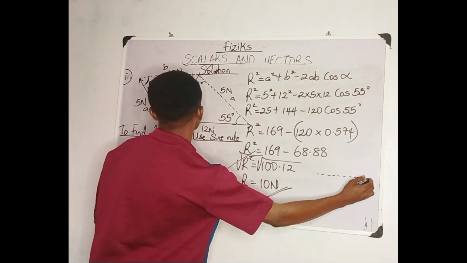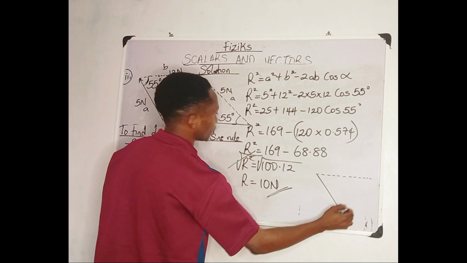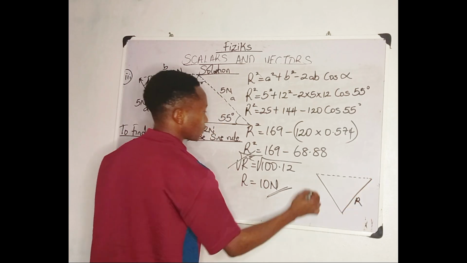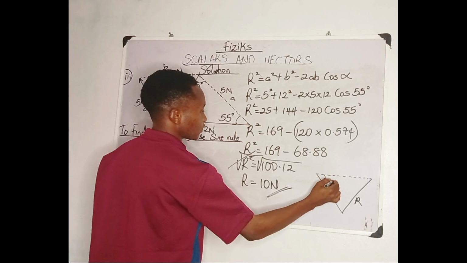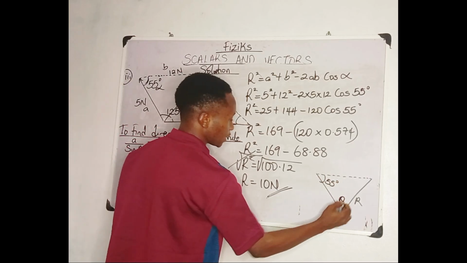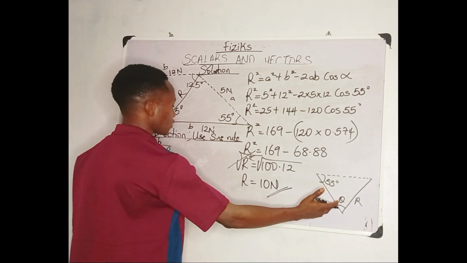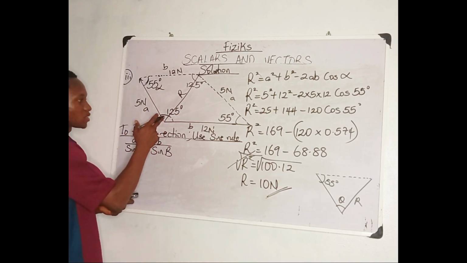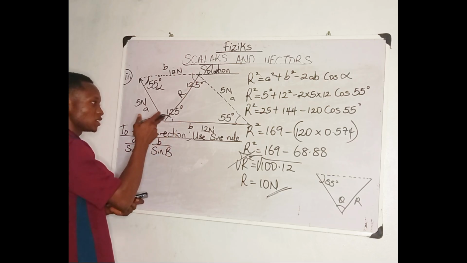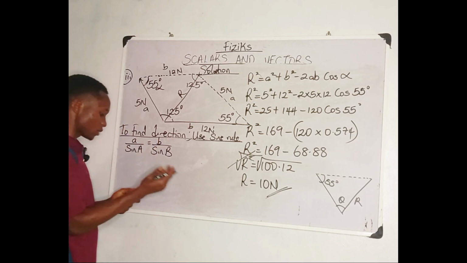Trying to bring out one of the triangles, I have here as R, here as 55 degrees, and here I'll call my theta, because I don't really know what value it was. I remember saying something about getting it from the angle you were given, but you don't know if this was divided equally. You never can tell. So let's find out by ourselves.